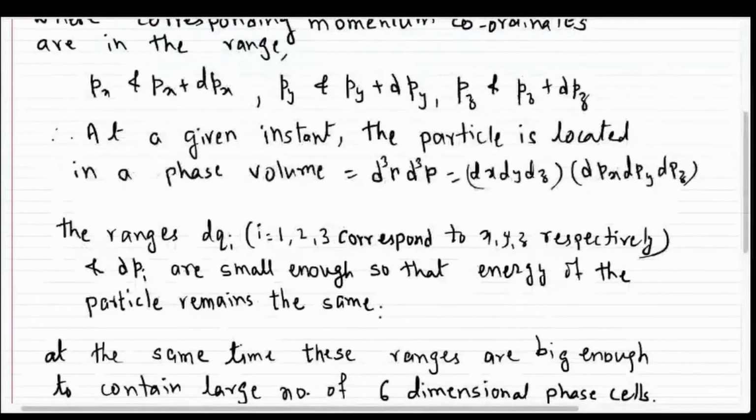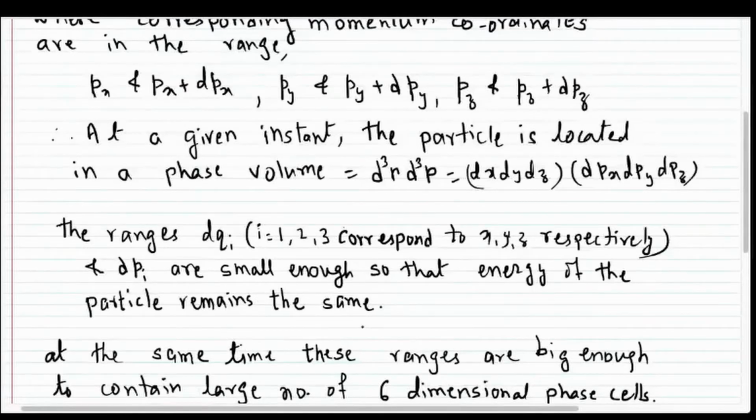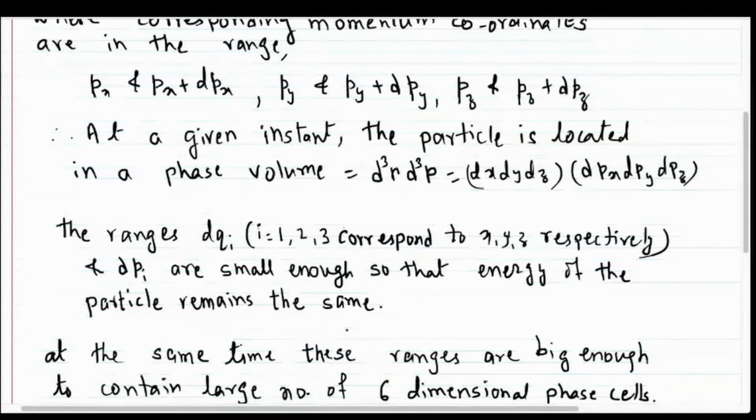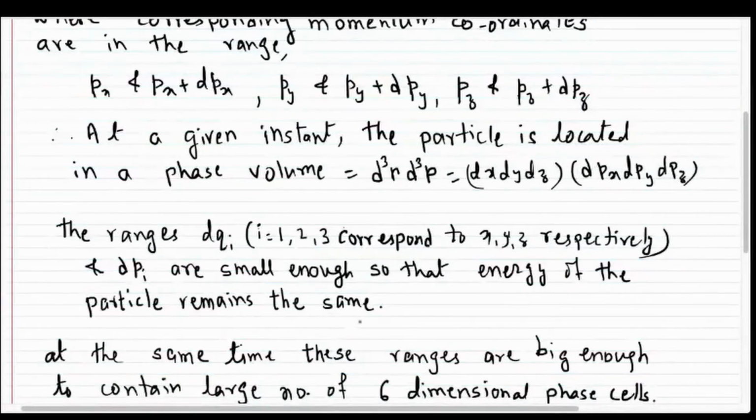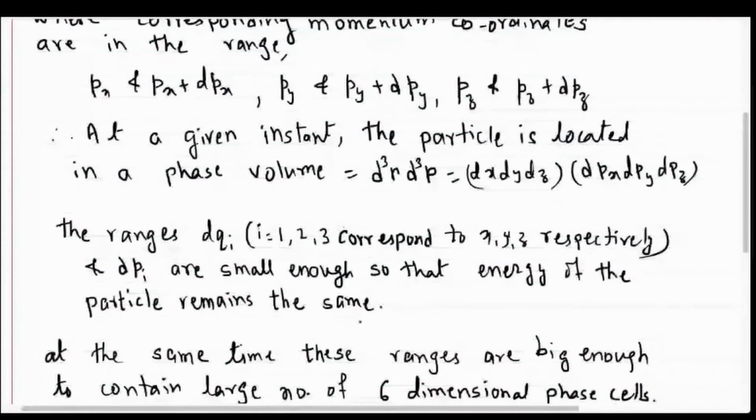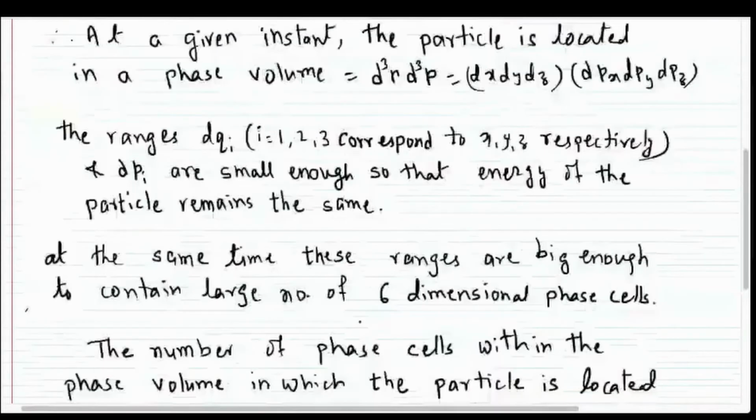If the energy of the particle is the same, that means it is going to remain in the same macrostate. And within that, if there are so many phase cells, it means these phase cells are the microstates associated with this particular macrostate. And so the number of phase cells associated with a particular energy indicates the degeneracy of that particular energy level.